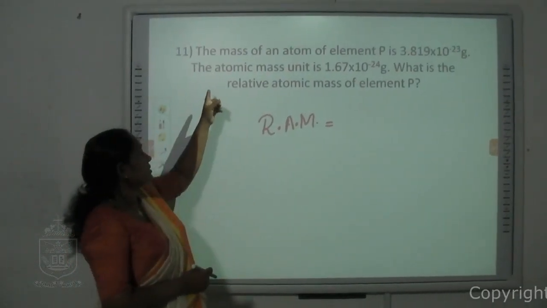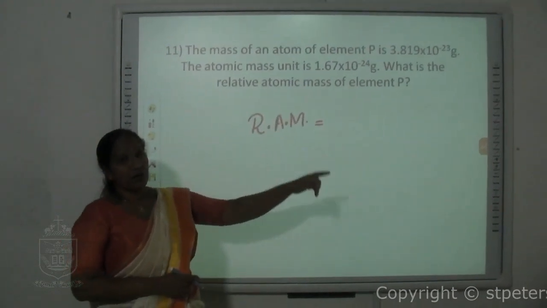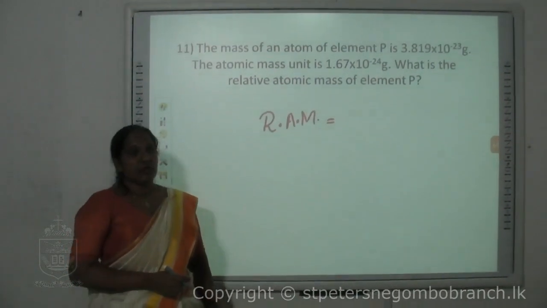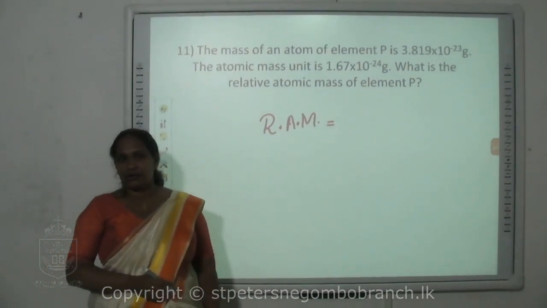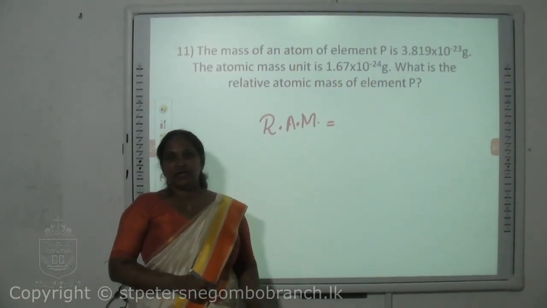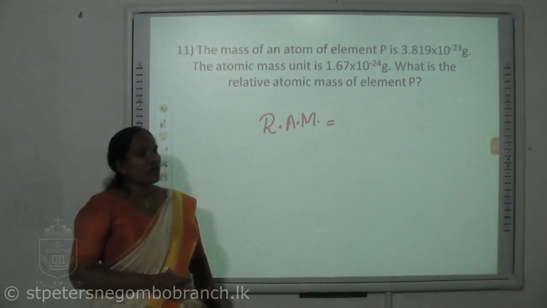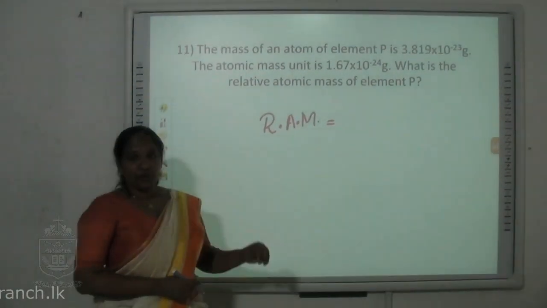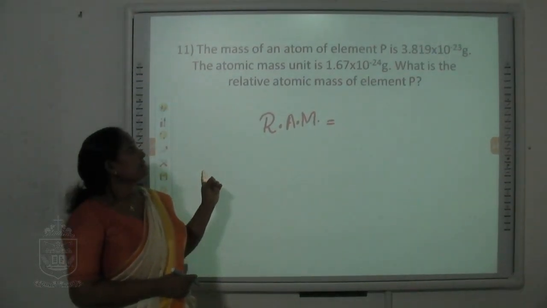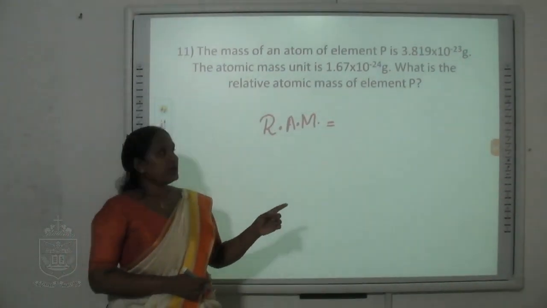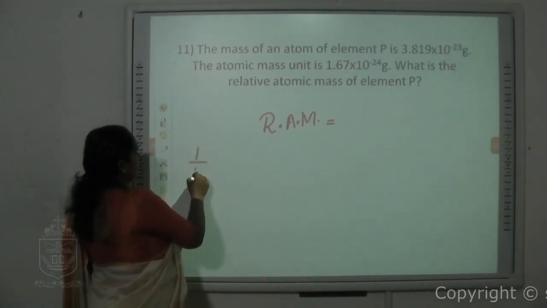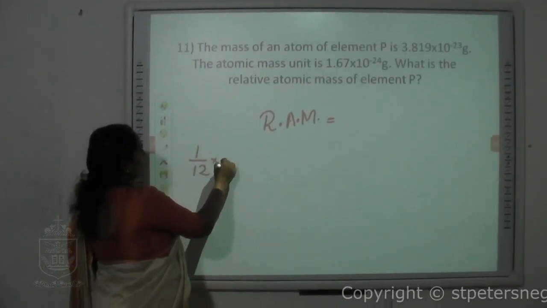In this question, the atomic mass unit is already given. If you don't know the atomic mass unit, there is a method to find it: 1/12 into the mass of a carbon-12 atom.